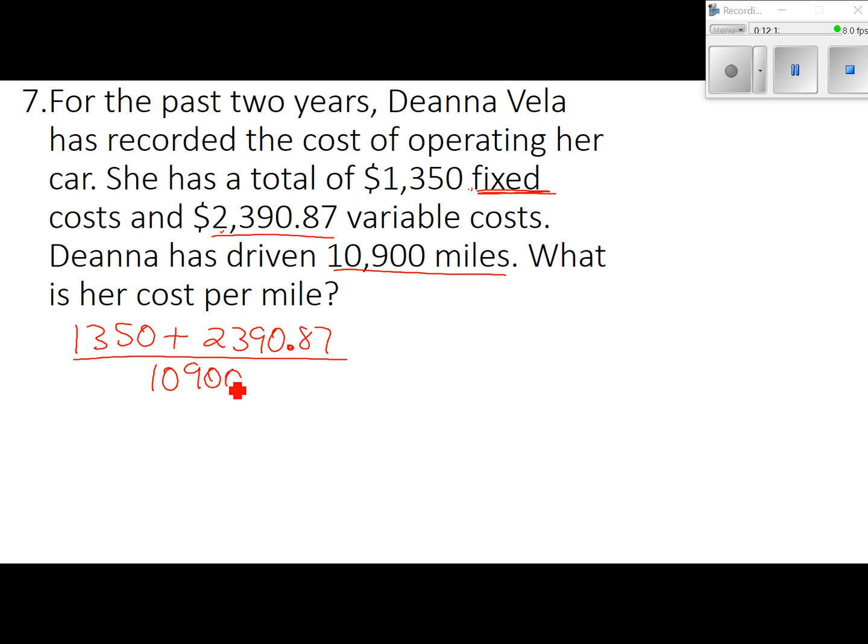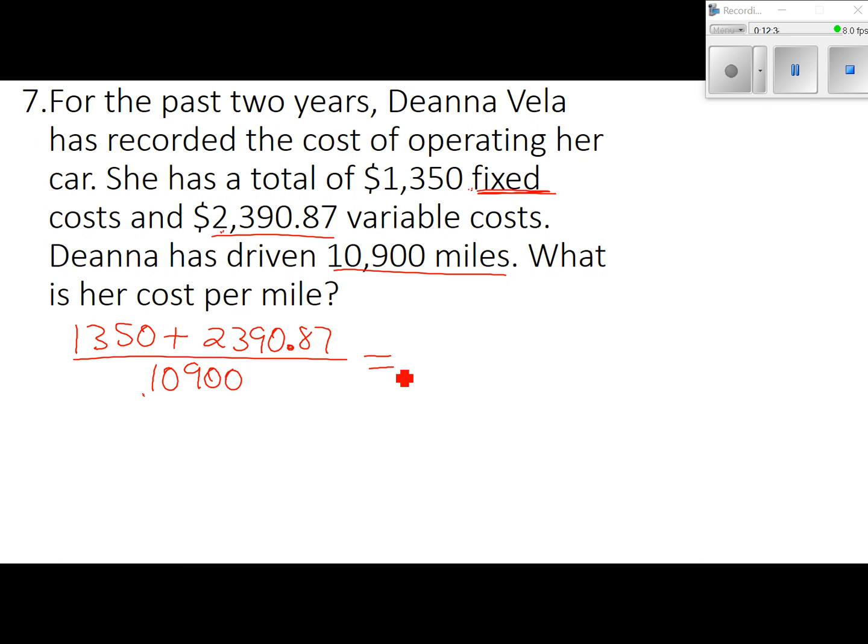Notice here, you can do this for 1 year, 2 years, 3 years, 4 years. It doesn't really matter because you're getting how much it costs per mile to drive the car. So for every mile you put on the car, you can expect to spend this amount of money that we're getting ready to come up with.